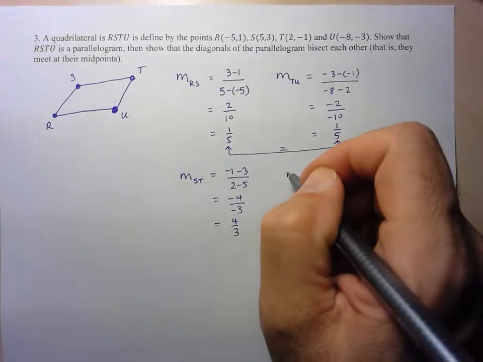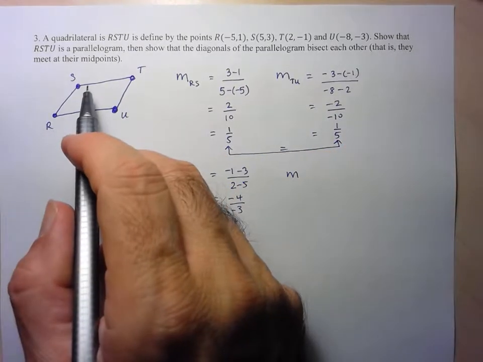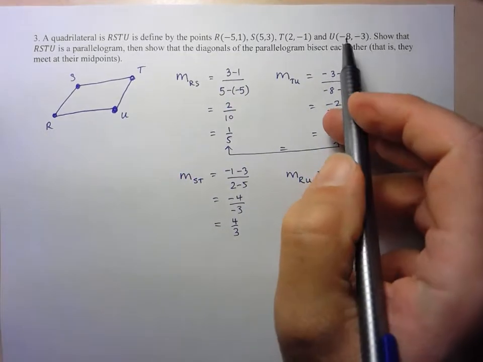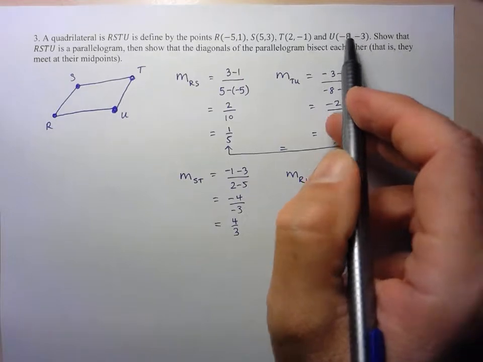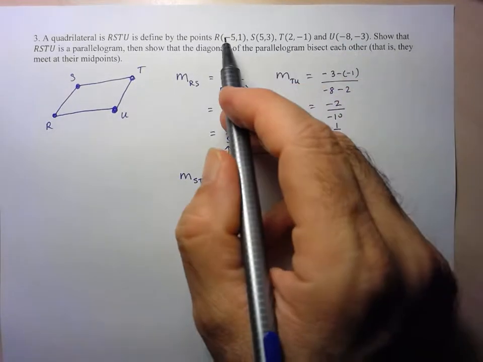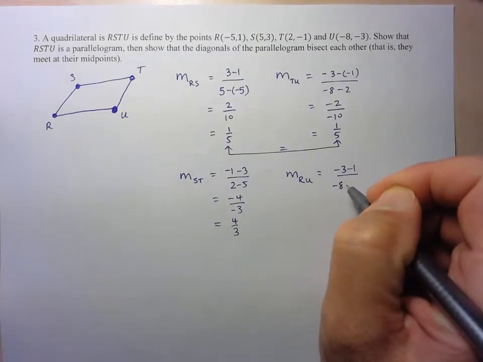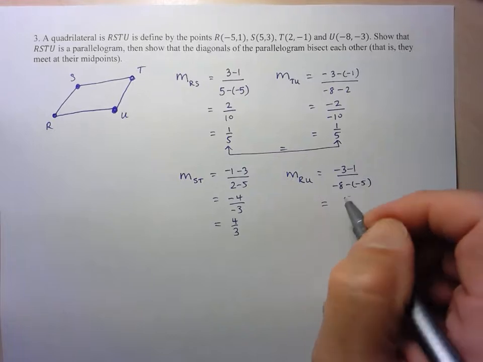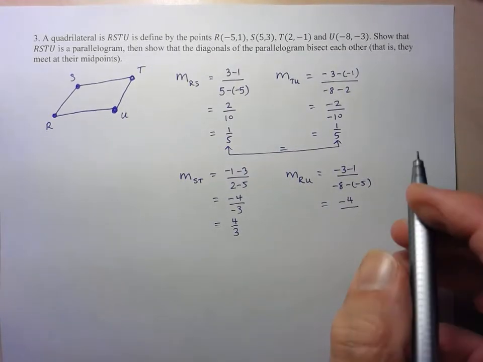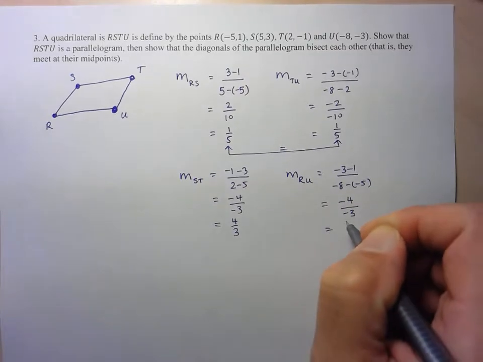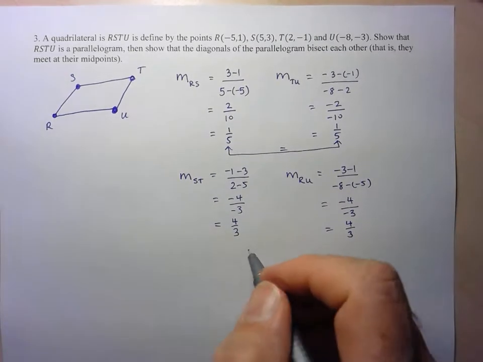Now let's find the slope of its opposite side, which is going to be RU. So we have negative 3 minus 1 over negative 8 minus negative 5. Here we have negative 4 in the numerator, and negative 8 plus 5, negative 3, in the denominator. And so yet again, we have 4 over 3.